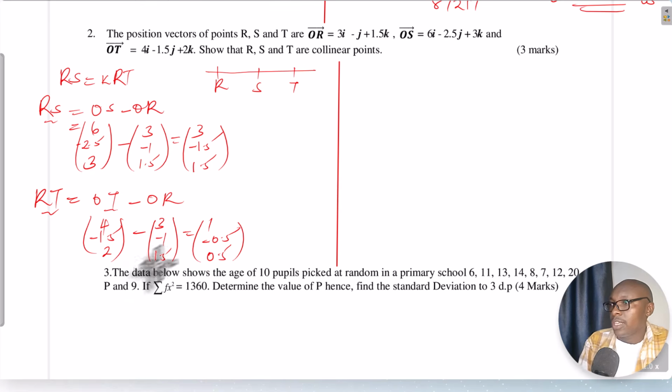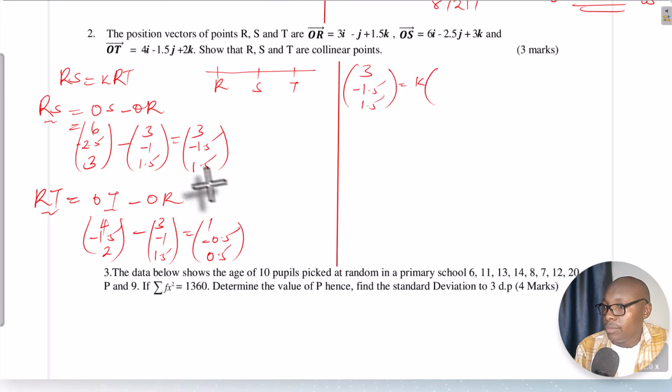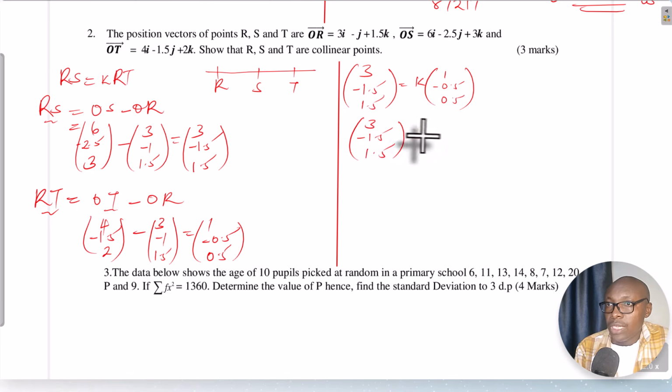Now having that, RS, which is 3, negative 1.5, 1.5, is equal to k times RT, which is 1, negative 0.5, 0.5. So multiply each and every element here by k.